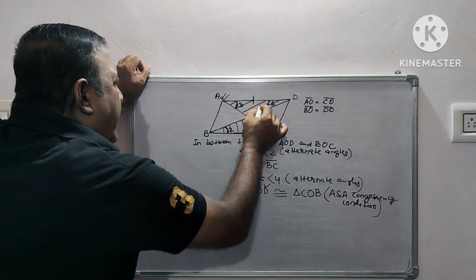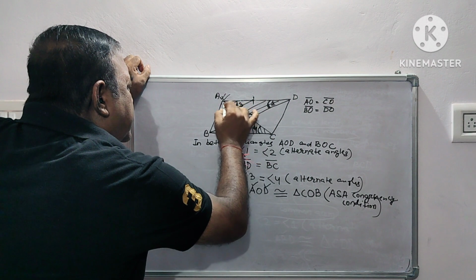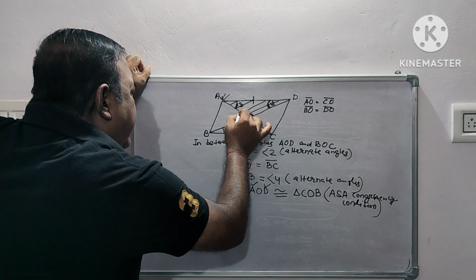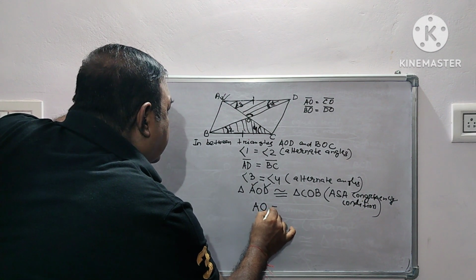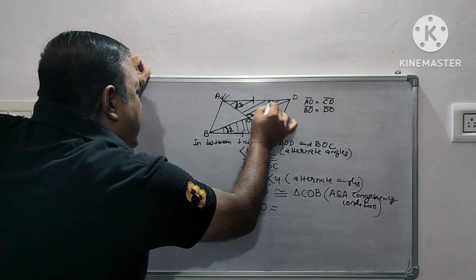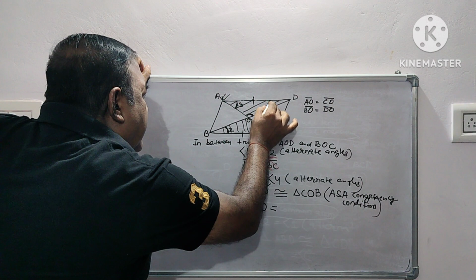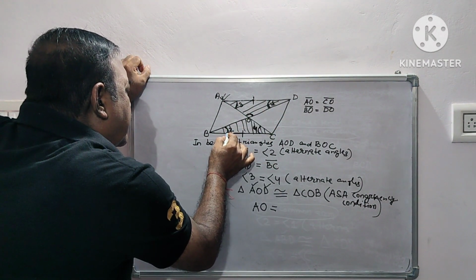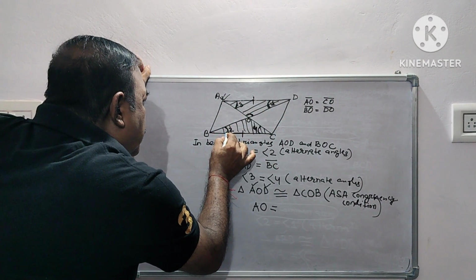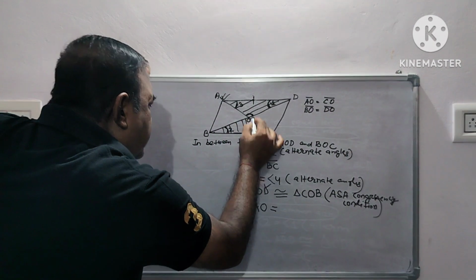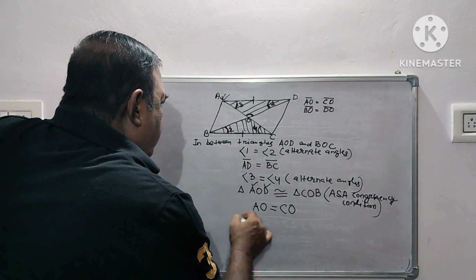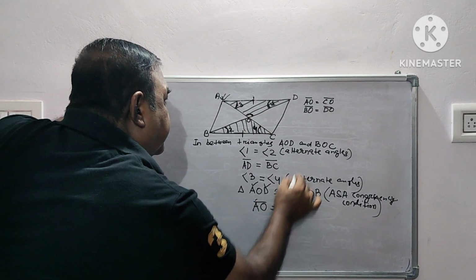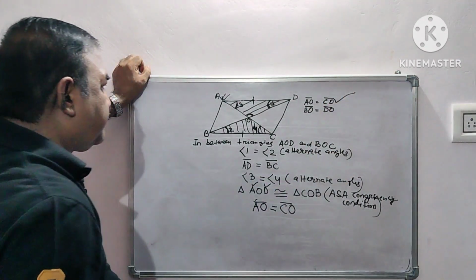You see, the opposite side of angle 1 is AO. Angle 1 is equal to angle 2, so the opposite side of angle 2 in triangle BOC is CO. So we first proved it or not? This part is over.